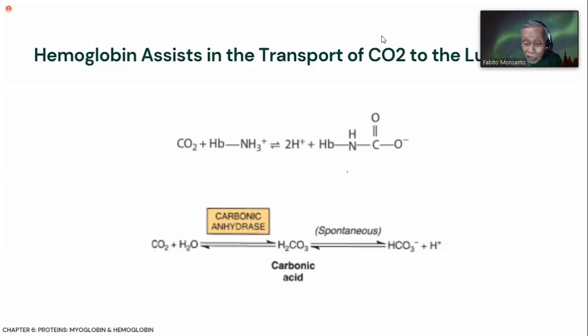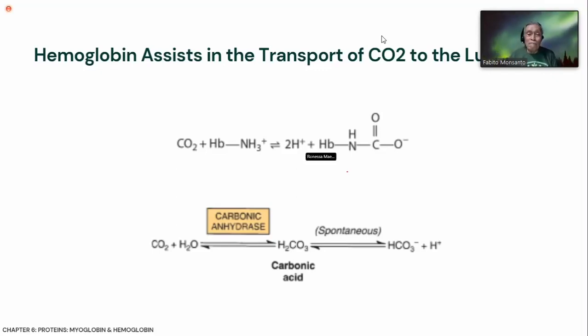And this carbon dioxide has to be carried to the lungs to be expelled. Now, not all of the carbon dioxide formed in the respiring cells is carried by the hemoglobin. Just only a fraction.